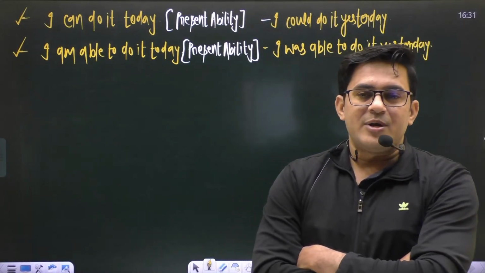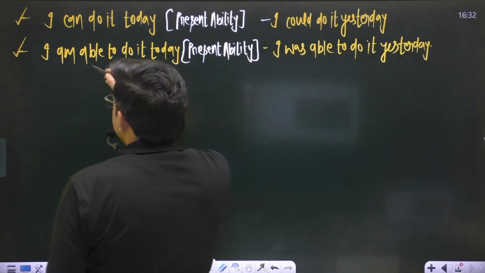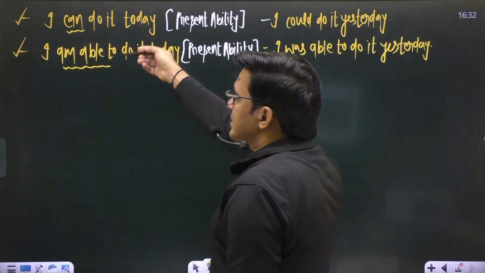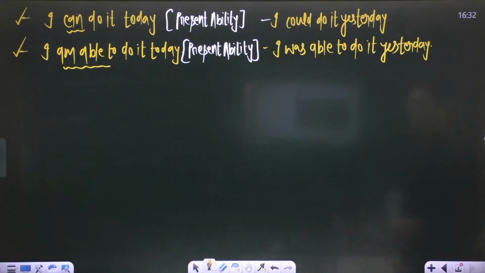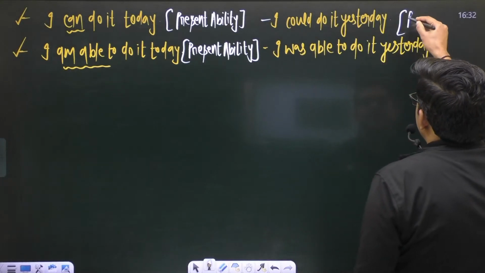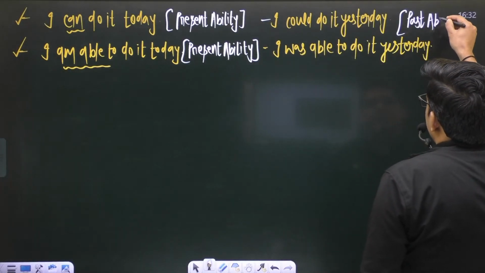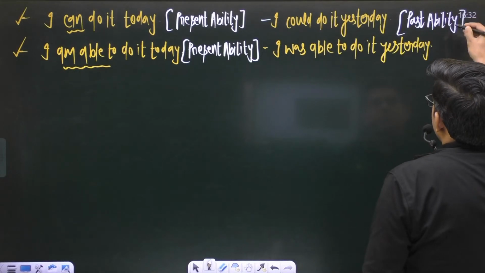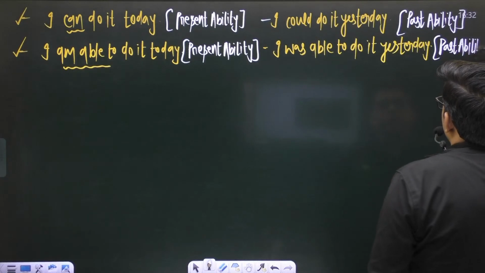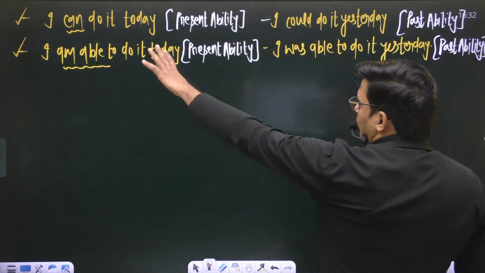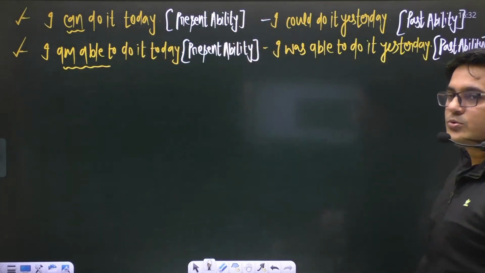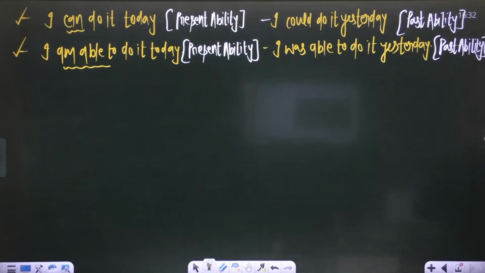To show present ability, as we know, can is the synonym of what? Be able to, right? Both the words have similar meaning. And to show past ability, this is past ability, right? And in the last sentence also you have past ability. So what do you think of both the sentences? These are okay to use. So do you think both the sentences are okay to show past ability? Yes.